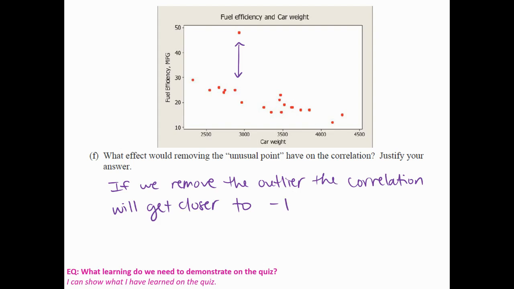Yeah. So if we remove the outlier, the correlation will get closer to -1. We could even say because the pattern of the scatter plot will be more consistent.